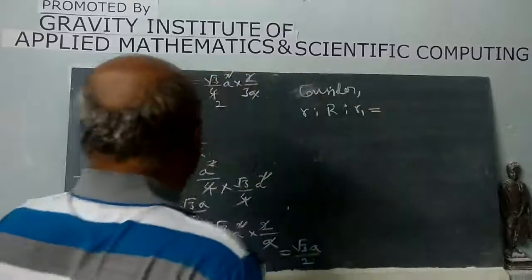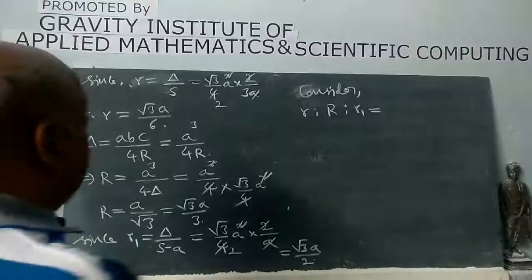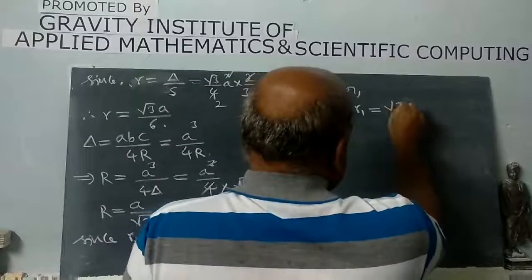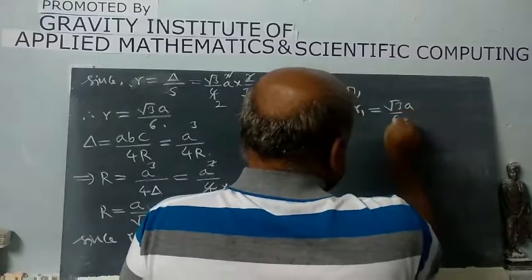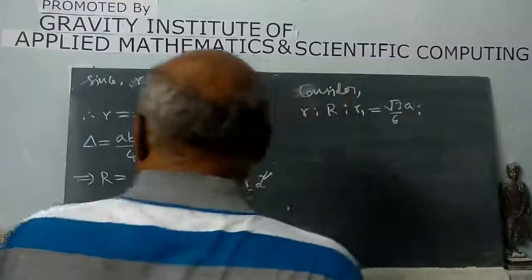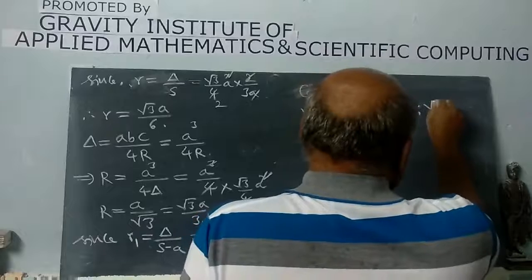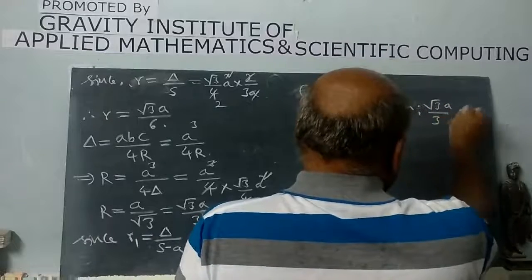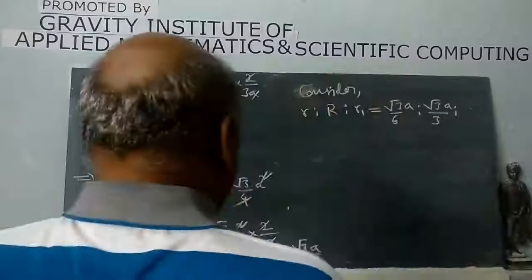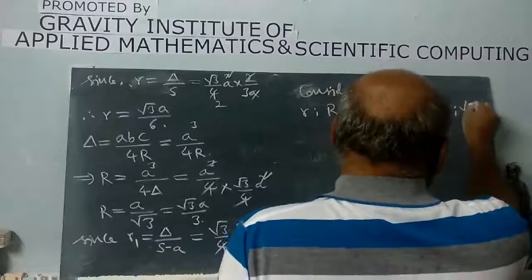It is root 3a by 6 is to root 3a by 3 is to root 3a by 2.